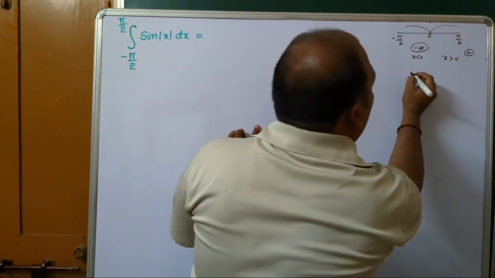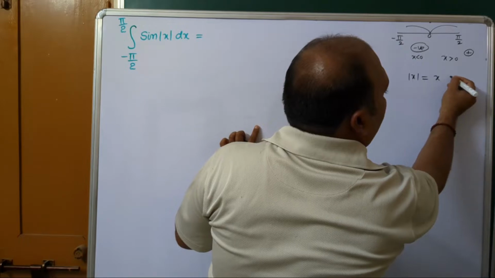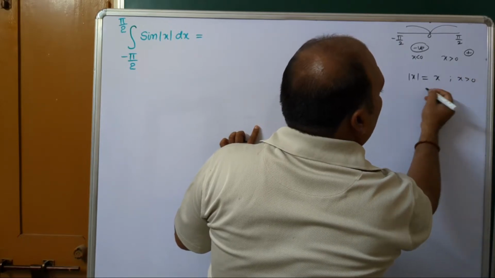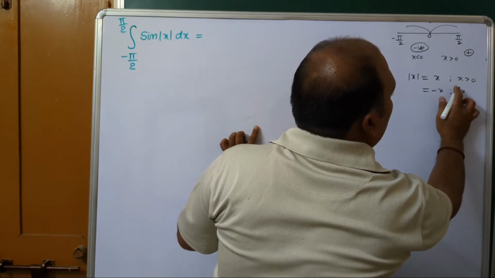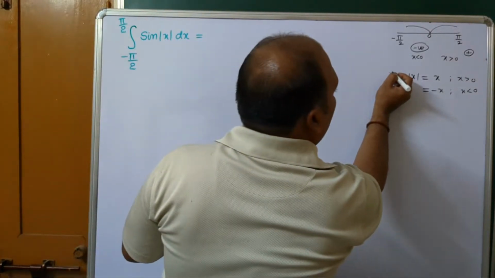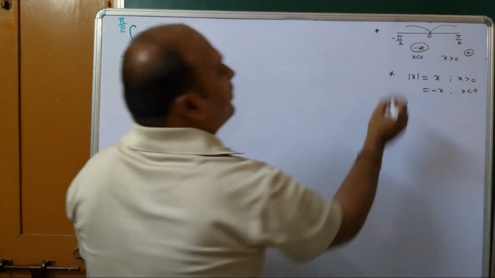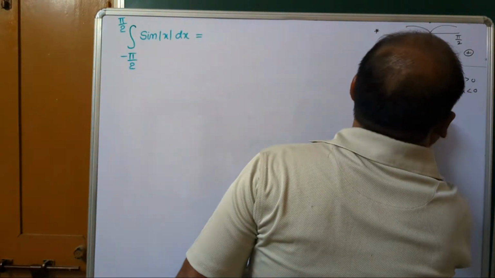So here mod x is there now. mod x is equal to plus x when x is greater than 0, and equal to minus x when x is less than 0. Are you getting, all of you? Those are the important steps, important terms. First one, second one.